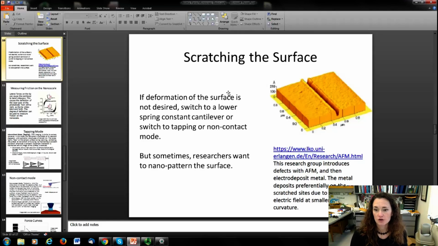And then the metal preferentially deposits on the scratch sites, because the way that they deposit it is they apply a voltage to that surface, and of course when you apply a voltage, your electric field is going to be higher at areas that have smaller radius of curvature, and if your electric field is higher, then you get more electrodeposition of the metals at that point. And so they're using it to nano pattern their surface by scratching it.